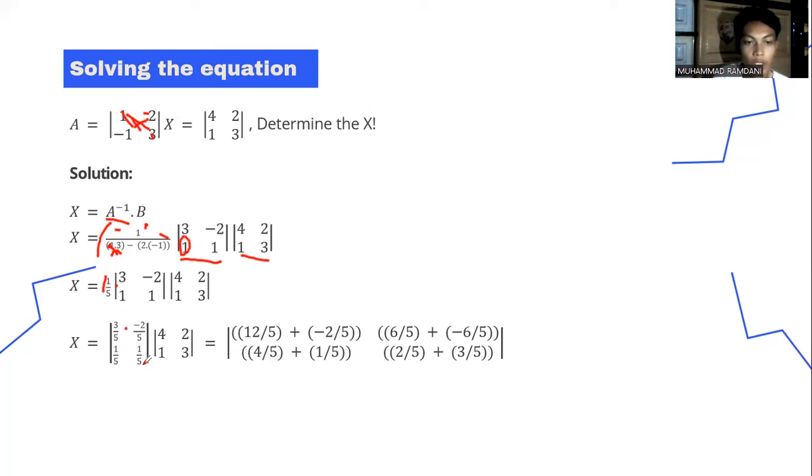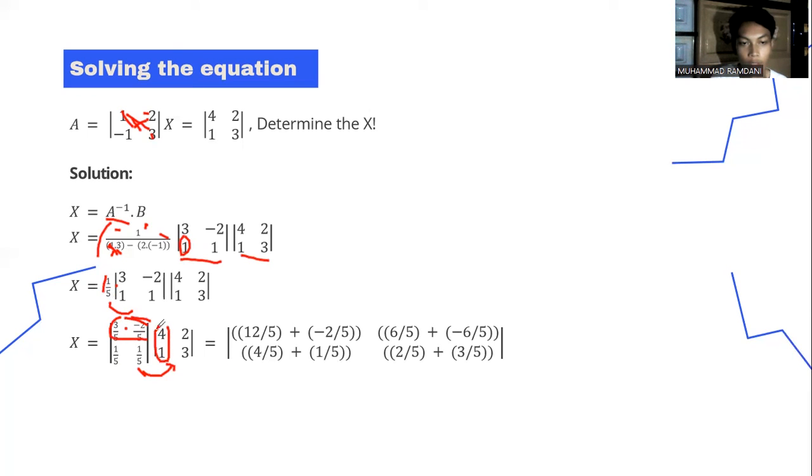After we multiply the determinant and the adjoint, we multiply this result by B. We just multiply the row and the column.